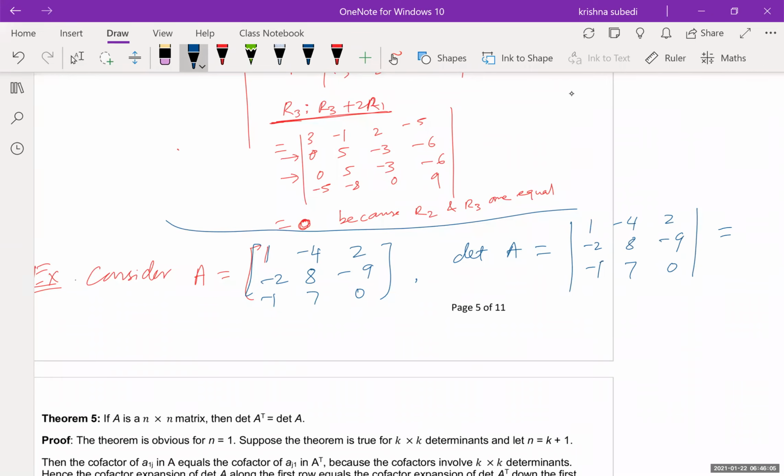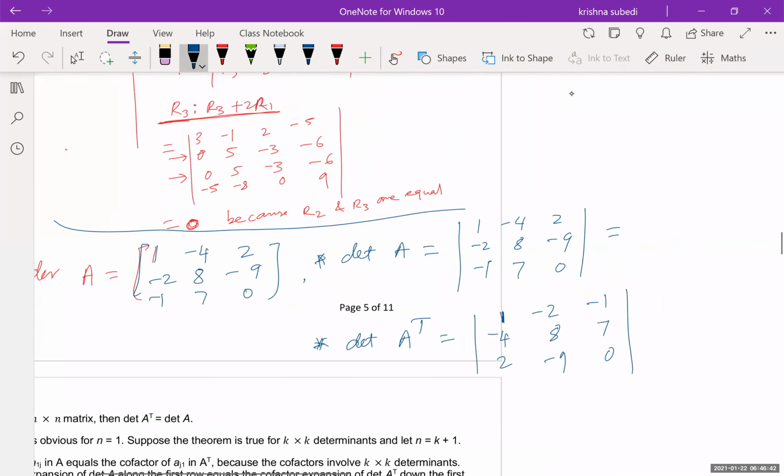You can use any method that you like. And I also want you to find the determinant of A transpose, which means if you take the transpose of A, you're going to get 1, -4, 2, -2, 8, -9, -1, 7, 0.